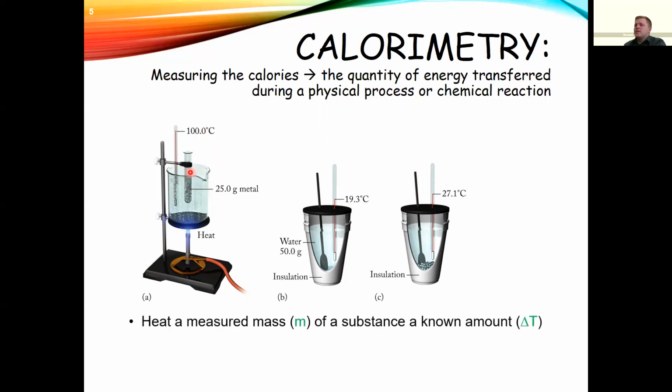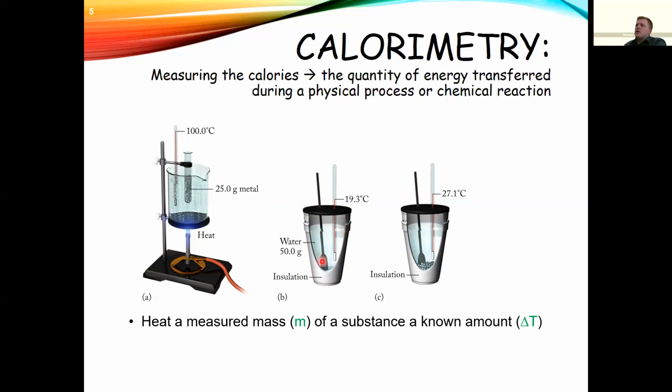Then, once this has been heated to a known temperature, we're going to put it into a closed system. Here in this closed system, we just have styrofoam cups and a lid. But what we do is we have a closed system with an insulator so that heat's not escaping.